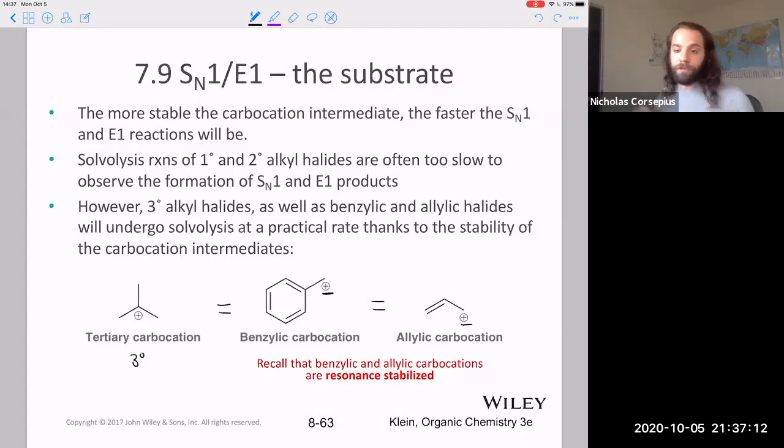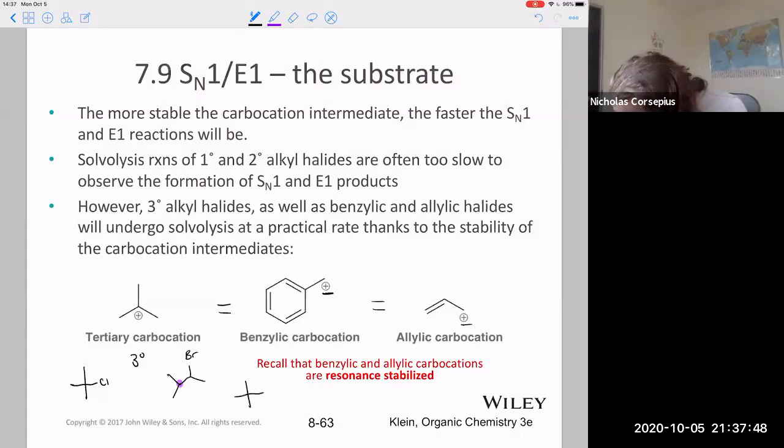The other thing that you've got to watch: all your SN1 and E1 reactions will occur because of a tertiary carbocation, benzylic carbocation, or allylic. This usually means a tertiary alkyl halide. The only thing you've got to be careful of is if a tertiary carbocation can form through rearrangements, right? So if you have a particularly branched compound, something like this, for example, where the beta carbon is tertiary, in this case, you will see a hydride shift in order to produce that more stable carbocation.